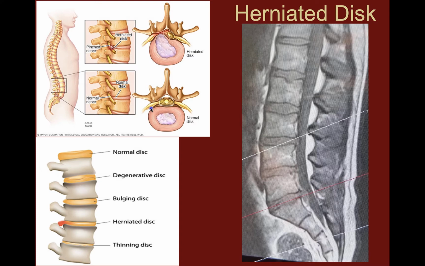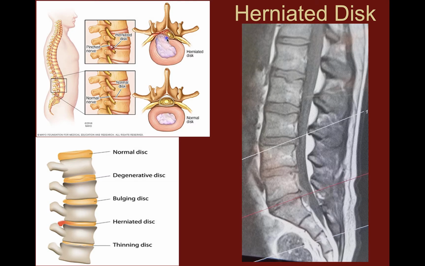I just wanted to show a couple of examples of what that might look like. So here we can see a normal spinal nerve coming out of that intervertebral foramen. Here's a normal disc. If we look from a superior view, we can see this normal disc.